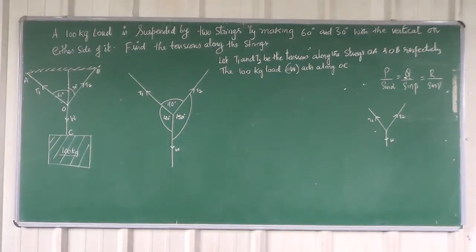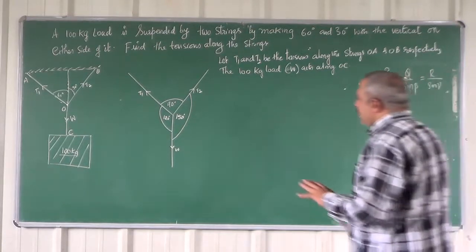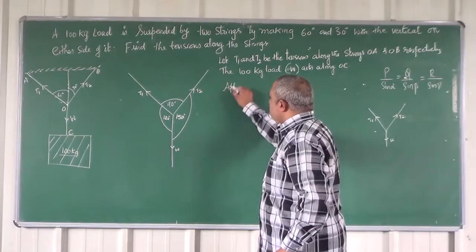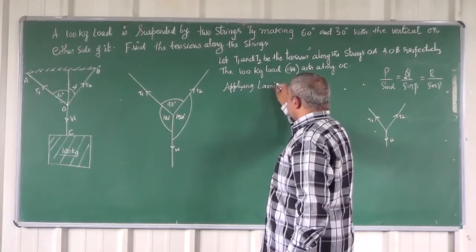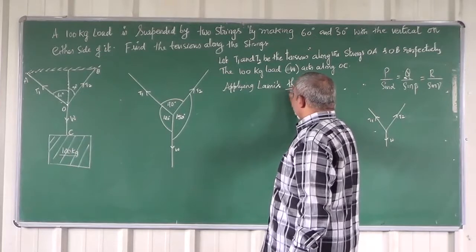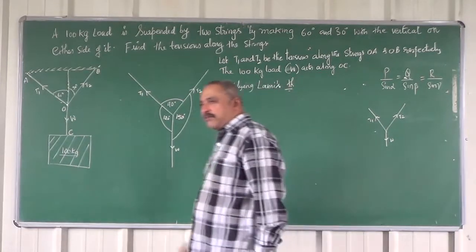Now, what are T1, T2 and W? They are the three concurrent coplanar forces which are in equilibrium, or the three forces of Lami's theorem, namely P, Q and R. Now, applying Lami's theorem. Lami's theorem is very simple.